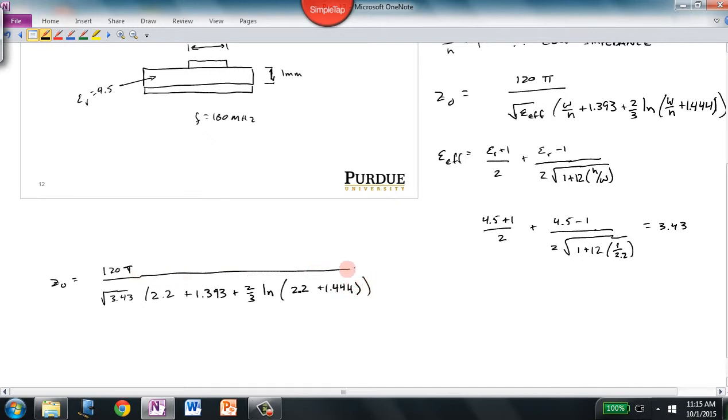So all of that's in the denominator there, and that gives me a Z0 of 36.54 ohms.